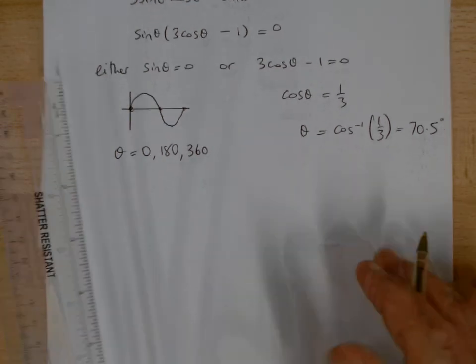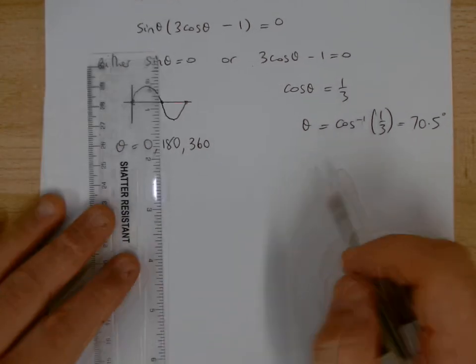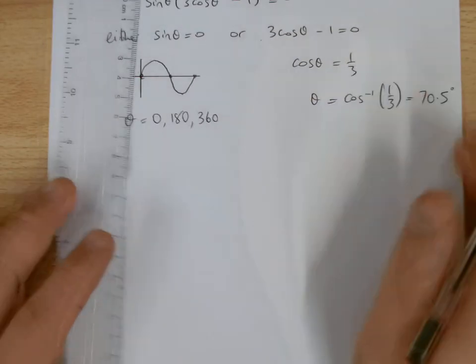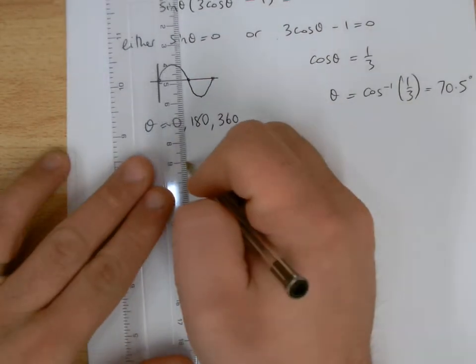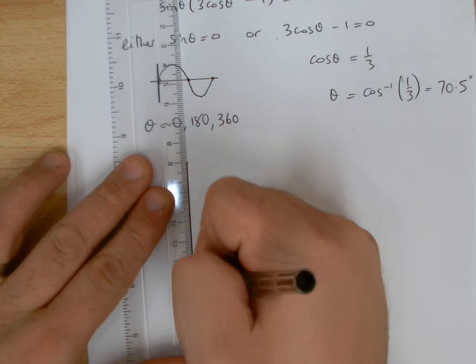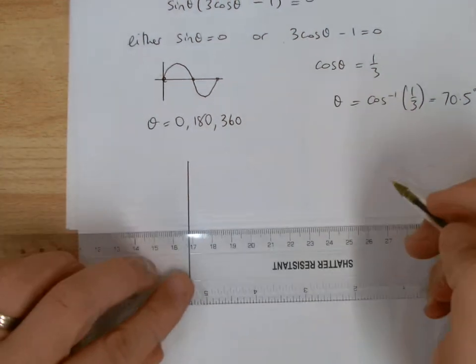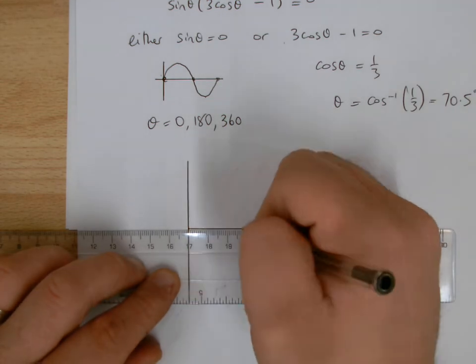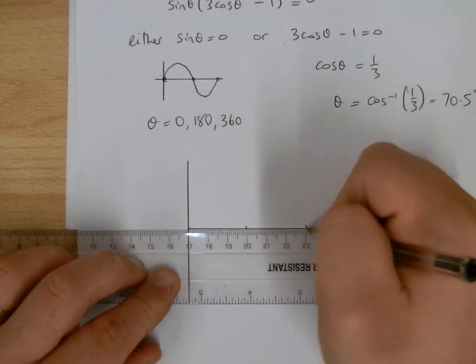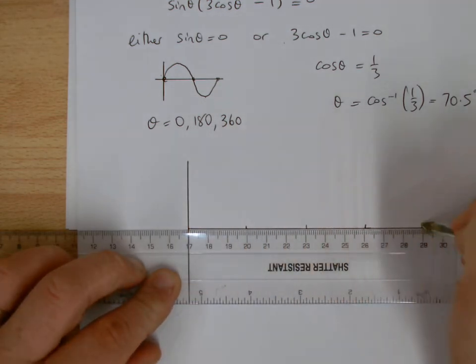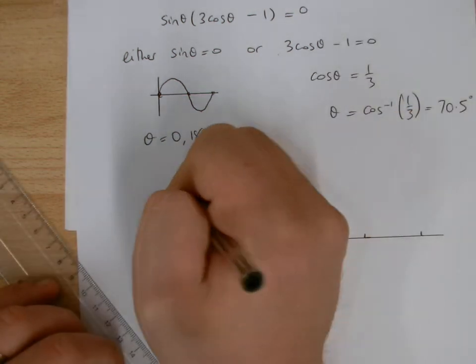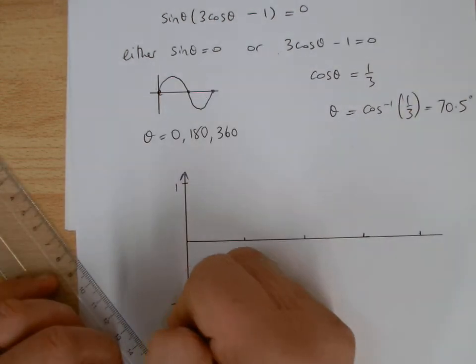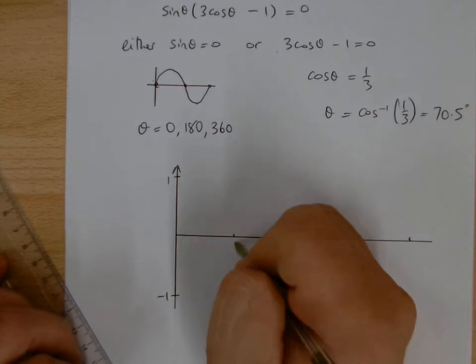So we need to see what the other result is, so it's good to draw the cos graph now. Remember, when you draw the cos graph, just like the sine graph, let's get a decent scale here. Maybe we'll go 3 centimeters to represent 90. So we've got 1 here, and minus 1 at the bottom, going in 90s.